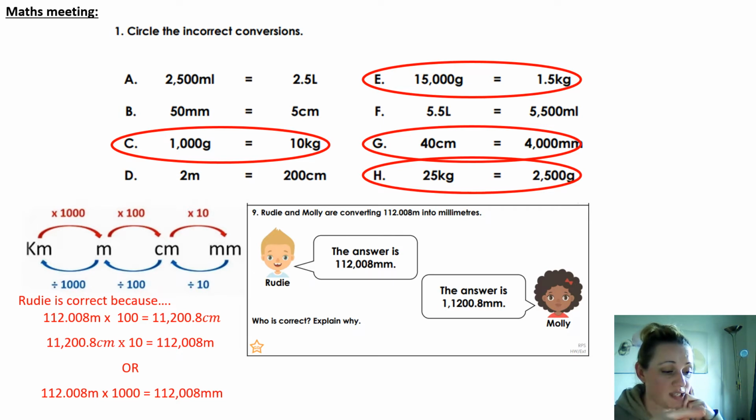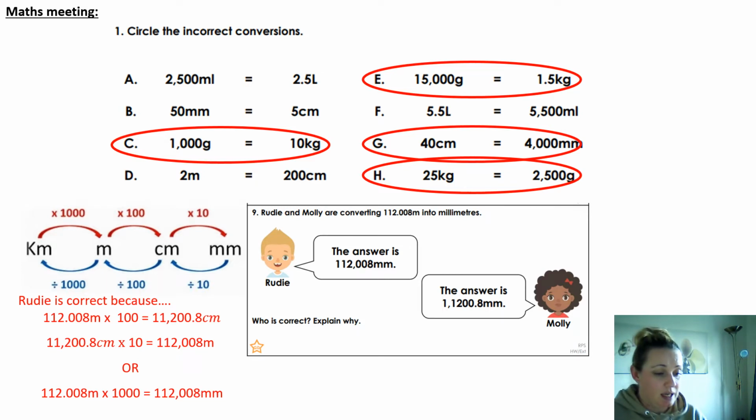So I've done 2 steps here. I've gone first of all from metres to centimetres, and then from centimetres into millimetres. Okay, so 112.008 metres. In order to convert that to centimetres, we must multiply it by 100. So that is 11,200.8 centimetres.